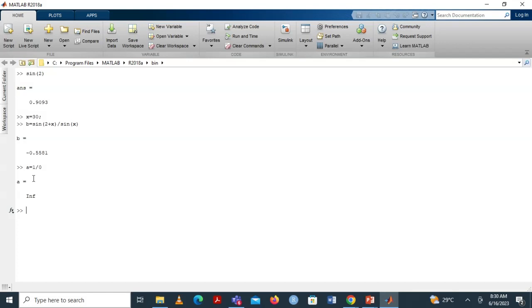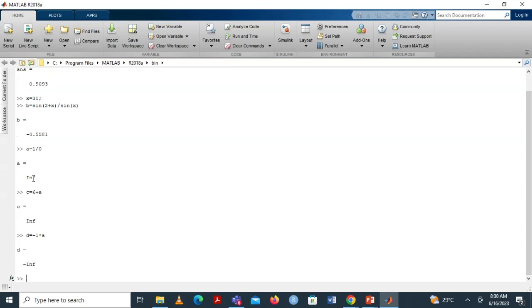If I also say that my c is equal to 6 plus a and I press enter, it's also infinity because a is infinity. If I say my d is equal to minus 1 multiplied by a and I press enter, I am getting my answer as negative infinity.